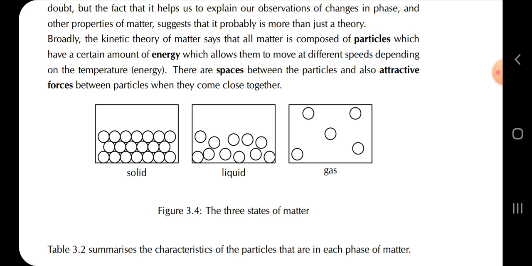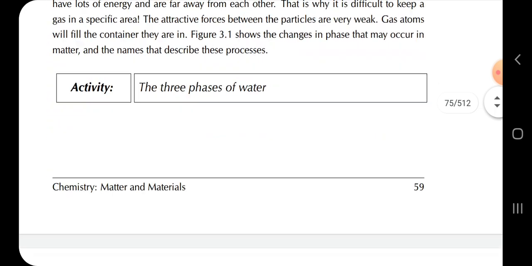So the kinetic theory of matter says that all matter is composed of particles which have a certain amount of energy, which allows them to move at different speeds depending on the temperature. So there are spaces between the particles, also attractive forces between particles when they move closely together. So in solid, the attraction is high. In liquid, it starts to decrease, but in gas, it's very, very low.